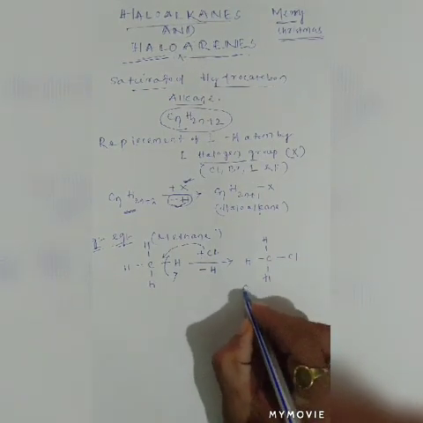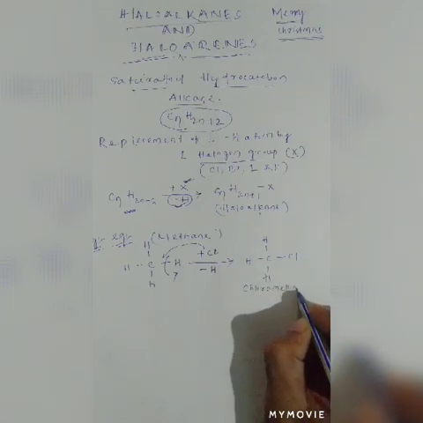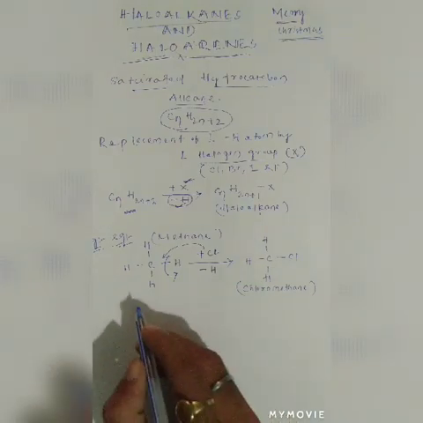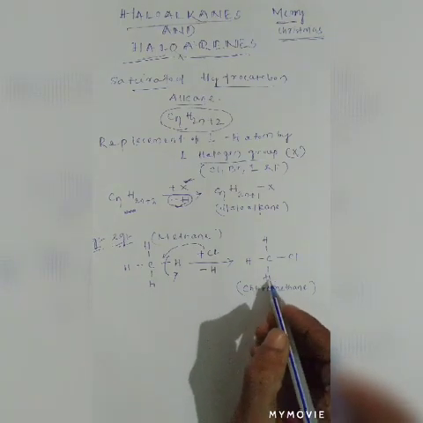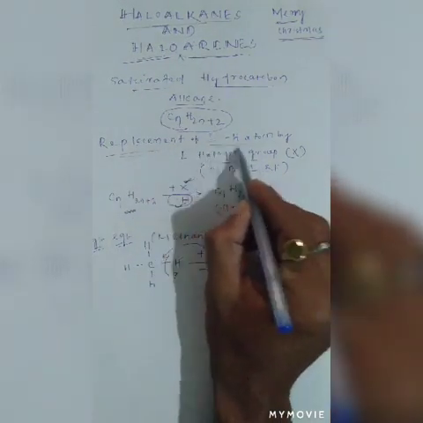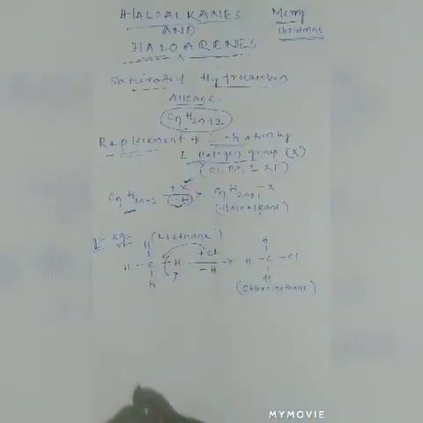This is named chloromethane. Likewise, all haloalkanes are formed by the replacement of one hydrogen atom with a halogen group.